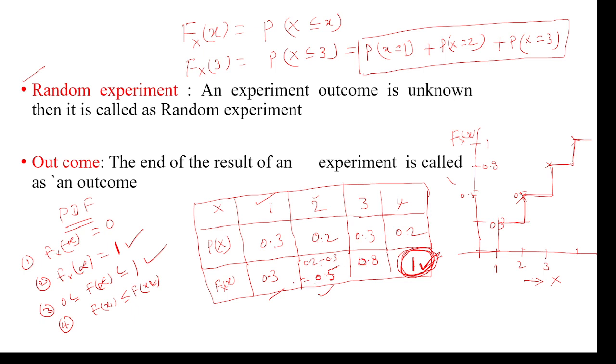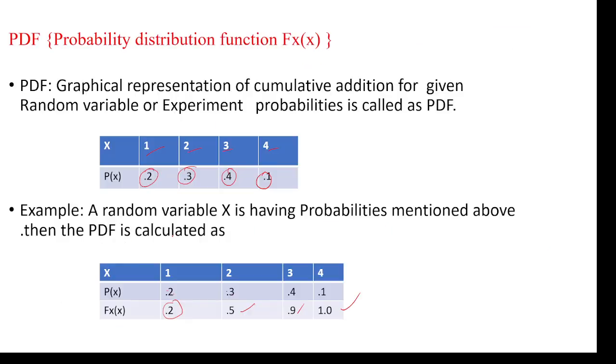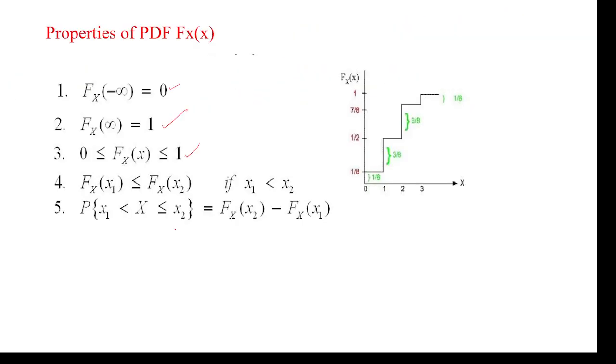So that's the reason F of x1 is less than or equal to F of x2. So these are the properties. The minimum probability is 0 or greater than or equal to 0. The minimum distribution is also 0 or greater than or equal to 0. The maximum distribution is 1, and it always lies between 0 and 1. Thank you.